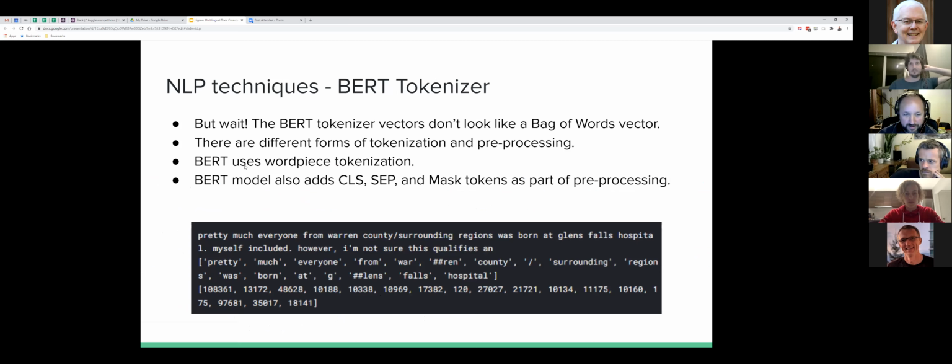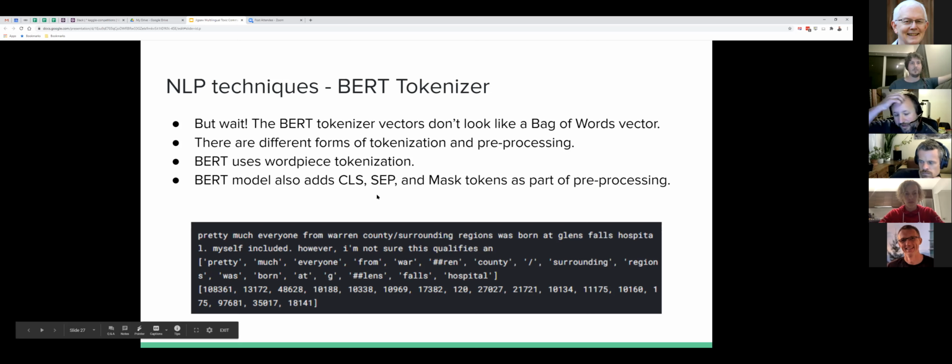BERT uses a different kind of tokenization called Wordpiece tokenization, in that it actually breaks some words up. You can see here Warren has been split into 2, Glenn's has been split into 2. And then when they get their IDs, each one of these numbers is a unique number that associates with a specific word every time. So we could say that the word pretty would always be associated with the number 108361.